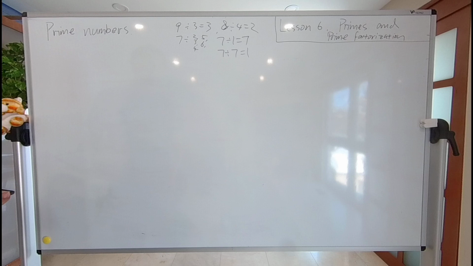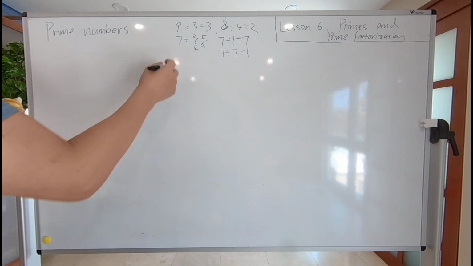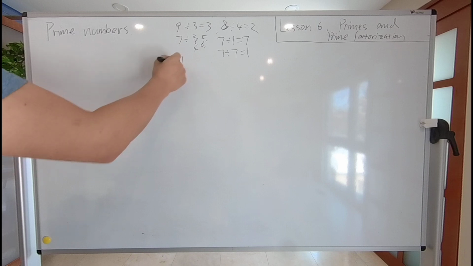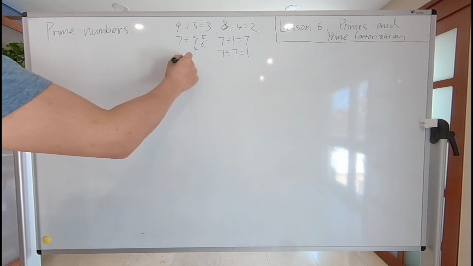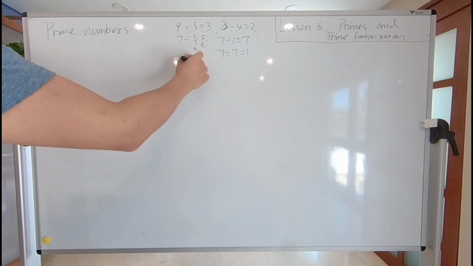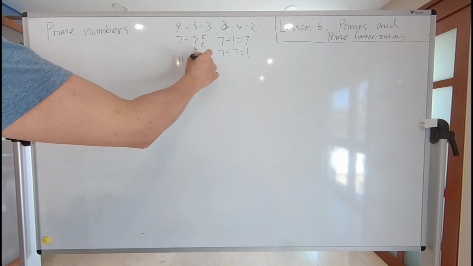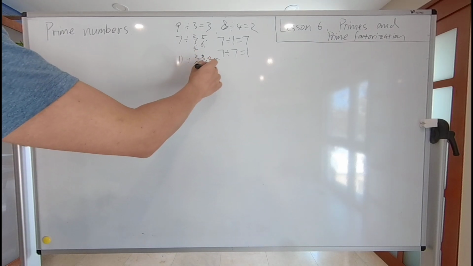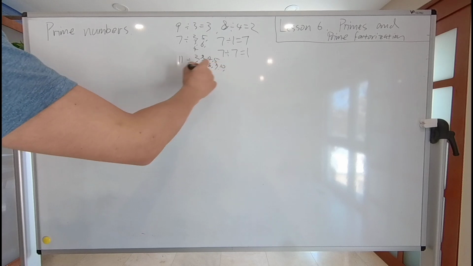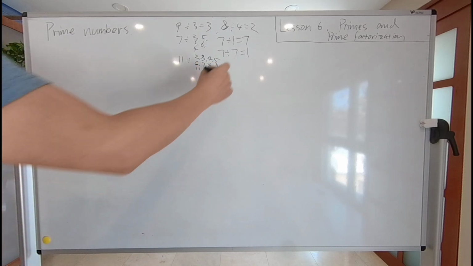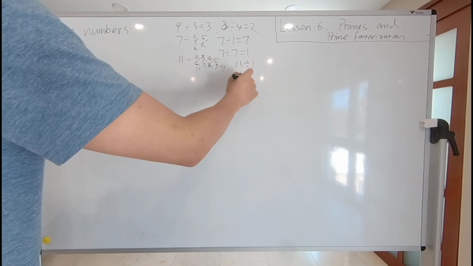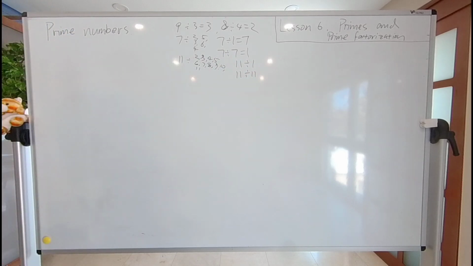So no matter how odd this number is, another example is 11, it looks like it's not divisible by many different numbers, but at least it's always divisible by 1, and always divisible by itself.